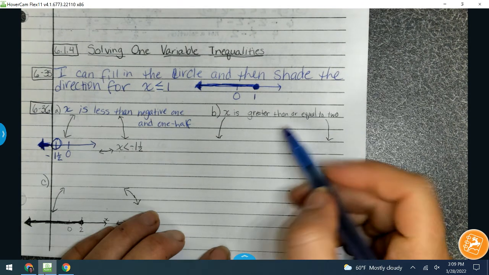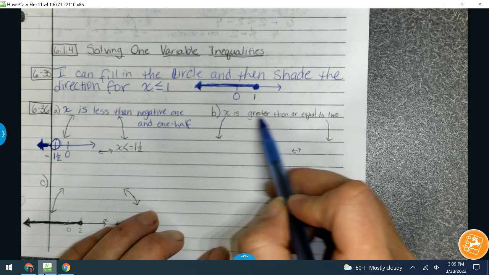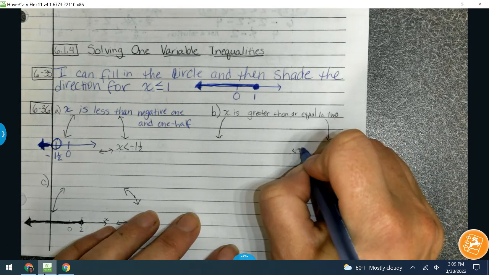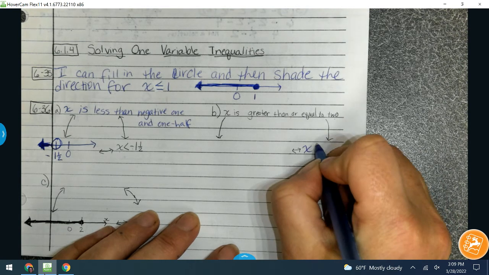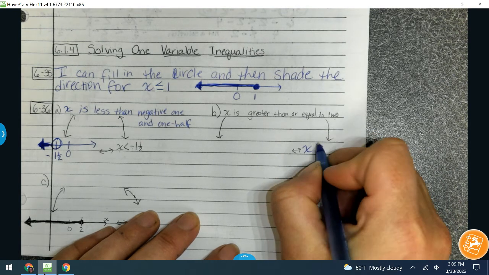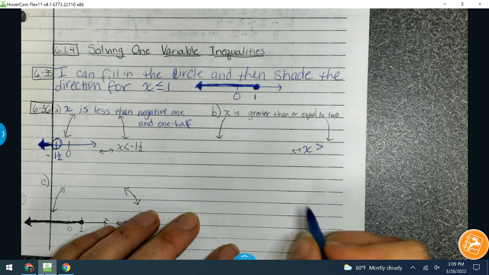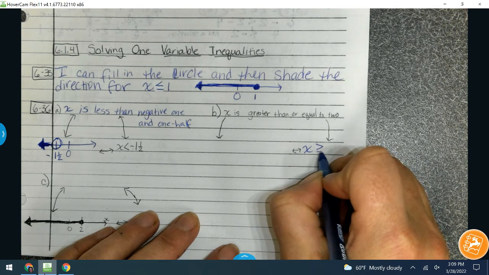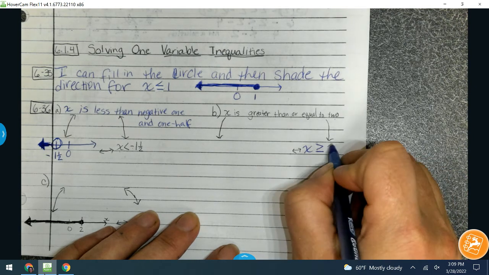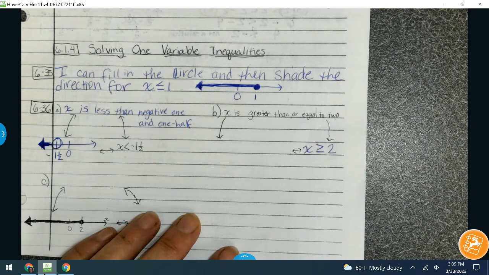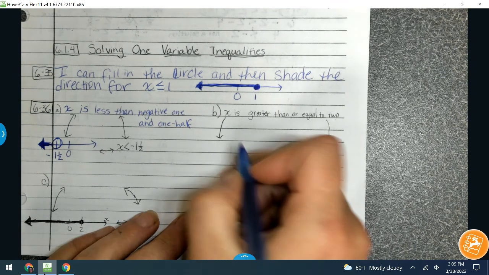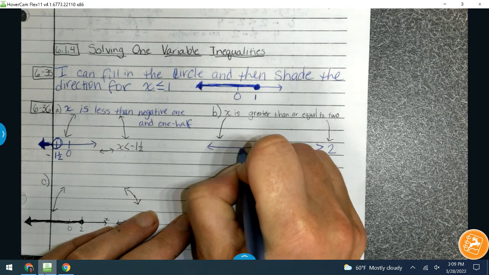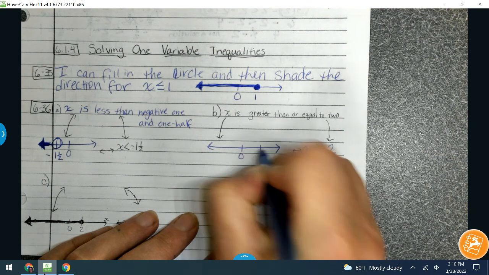Okay, you're back. Let's try writing this. It says X is greater than or equal to 2. So X is greater than, so I have my two dots facing the X, which is bigger, or equal to 2. Then my line with arrows, 0.